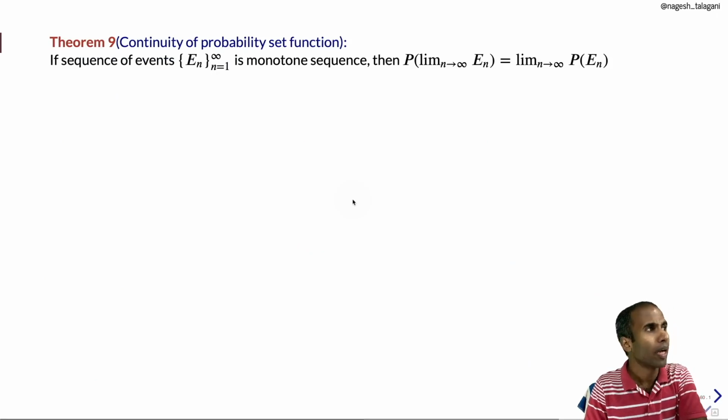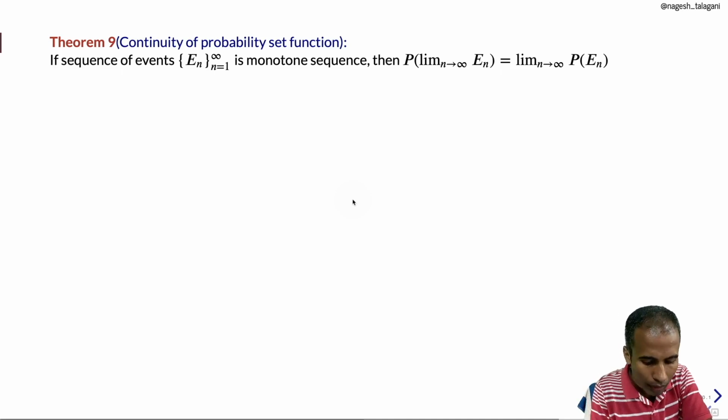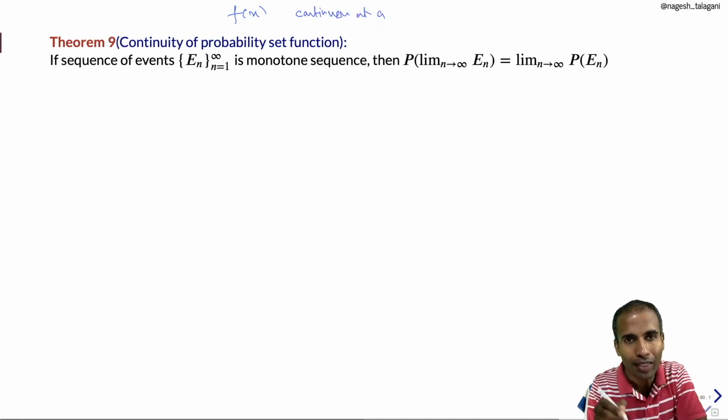Let me clear this. Next, theorem 9, continuity of the probability set function. First of all, you know what it means for a function of a real variable to be continuous at a point A, right? If f(x) is a function of a single variable and it is continuous at A, there is a sequence characterization.